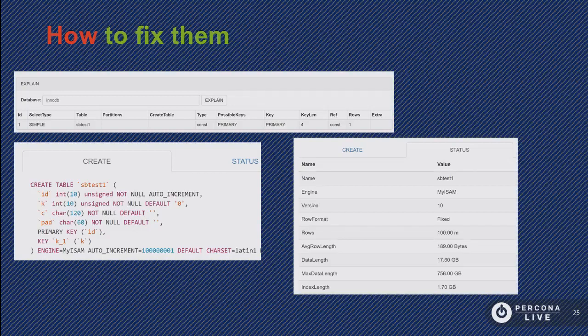Is my explain bad because MySQL doesn't want to use the indexes for some reason, or did I just forget to create the indexes? We can also use SHOW CREATE TABLE to understand what is going on here. Is that a large table or small table? Because in many cases that will drive what kind of queries and what kind of indexes are appropriate for the workload.